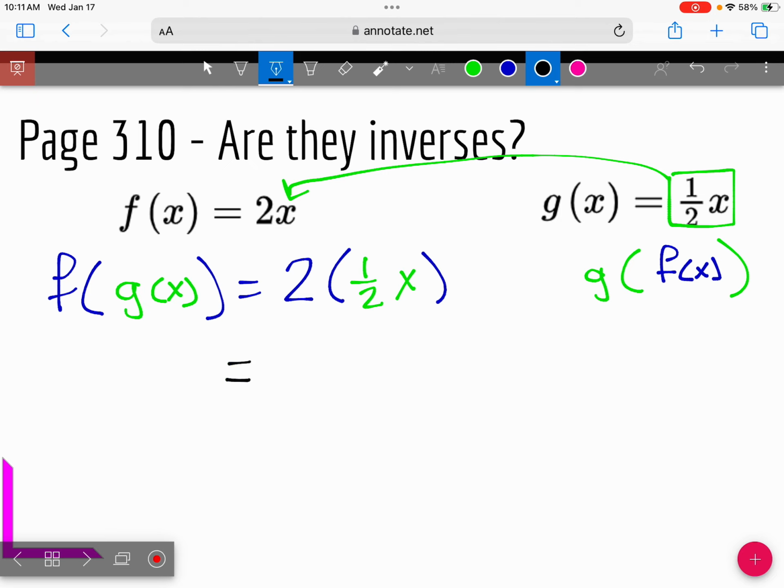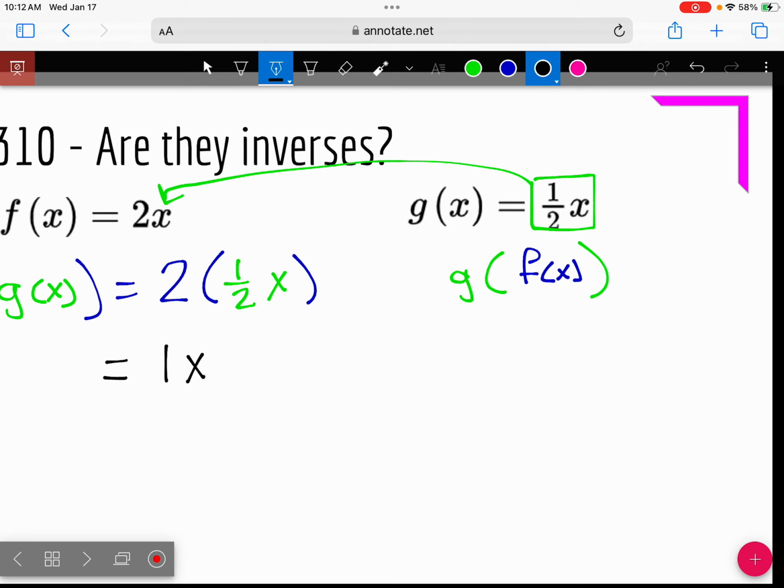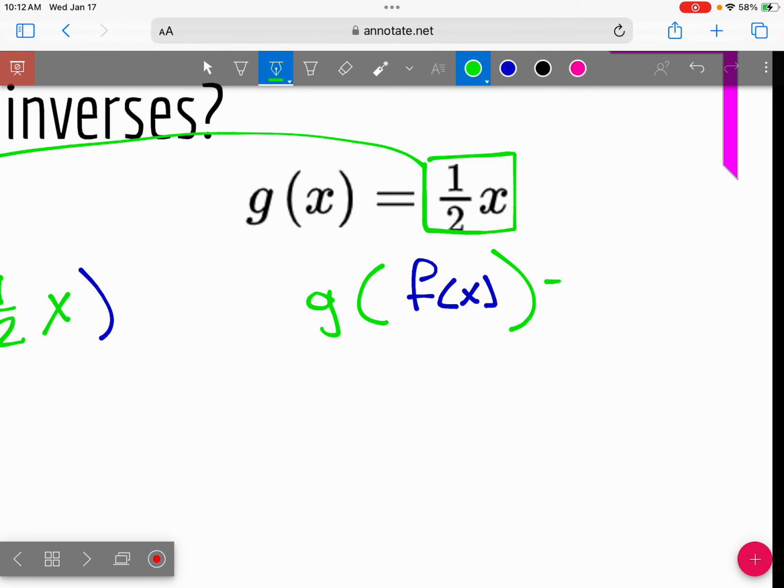What is 2 times 1/2 x? It's just 1x. And that's as far as we can go simplified. We're going to do the same thing on the right side. We're going to take our 1/2 times something, and we're substituting in our 2x. What is 1/2 of 2x? 1x.